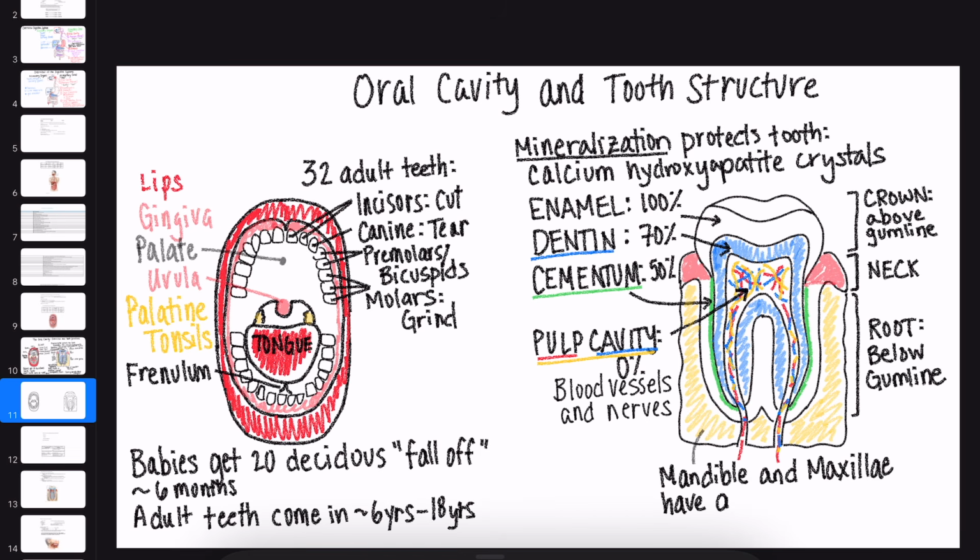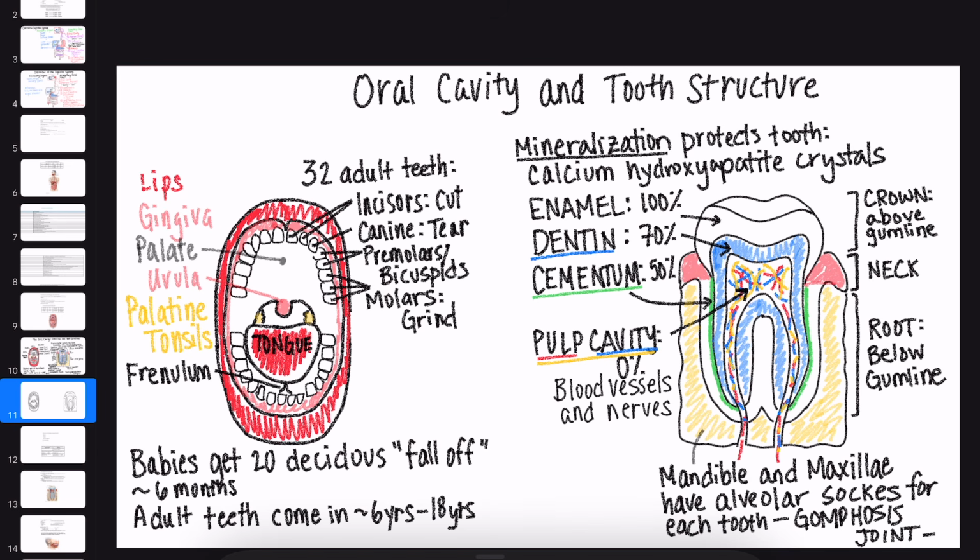And they have alveolar sockets for each tooth that forms an immovable gomphosis joint. And that's something you would have learned about when you studied the skeletal system.